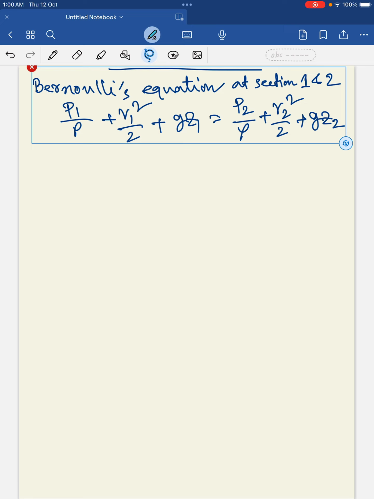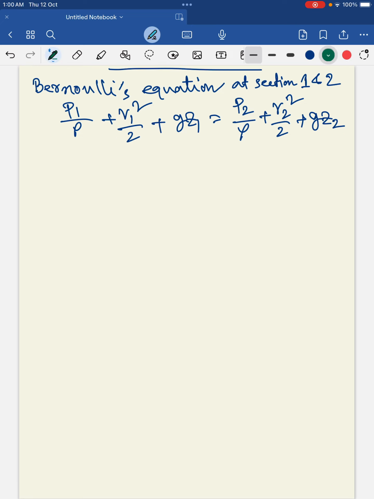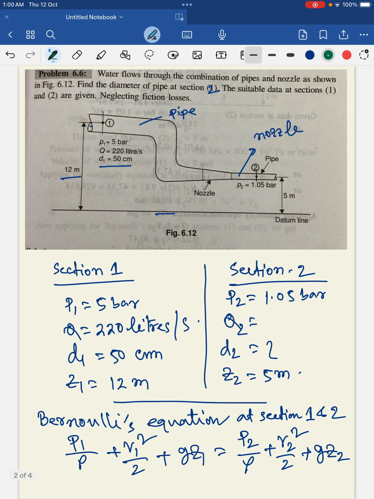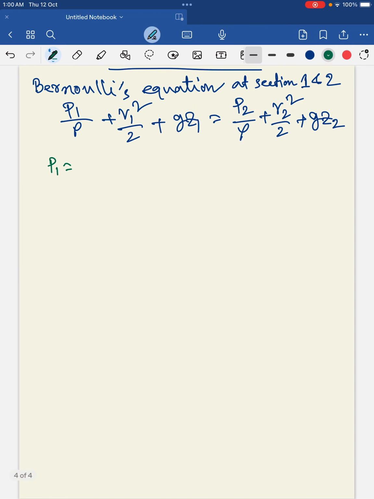Now P1 is given. So that is how much? I think that is 5 bar. 5 bar is given. Now from 5 bar we can easily calculate Newton per meter square.